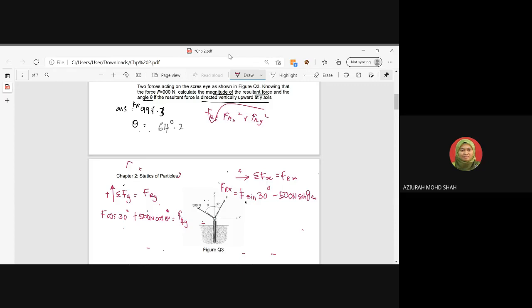Now, based on the statement that it is mentioned the direction of the resultant force is directed along the positive y-axis, so, boleh tak dapatkan nilai FRX? Boleh tak dapat nilai FRY? Boleh tak kita dapat nilai dia?